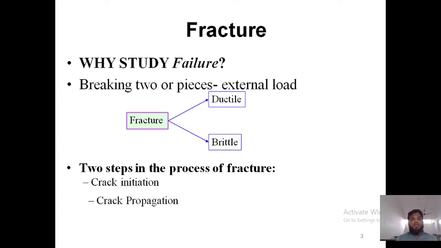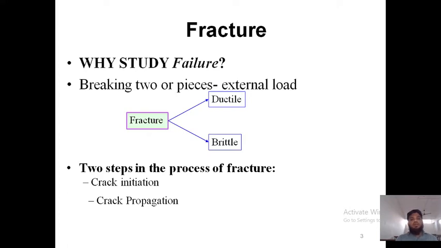If you try to bend it, you can see a small necking, a small mark formed at the bending point. If you keep on doing that, at that point the refill will break. So for a fracture to happen, the first stage is that the crack should be initiated.